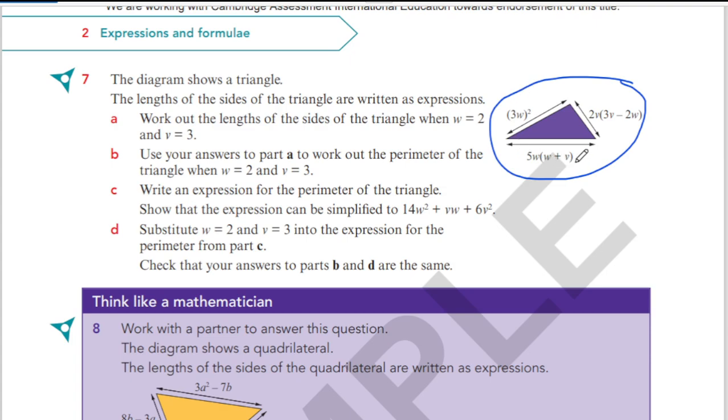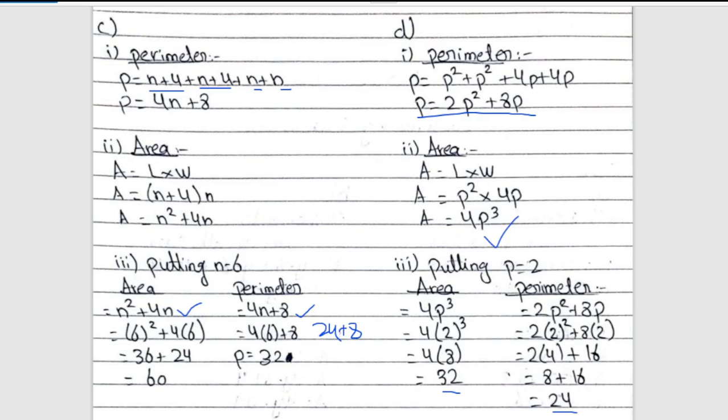They are asking that the lengths of the sides of the triangle are given in expression form, so you have to work out the lengths when w is equal to 2 and v is equal to 3. I have solved this question for you.